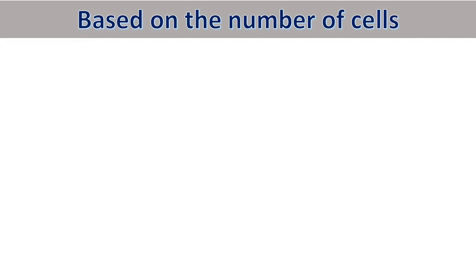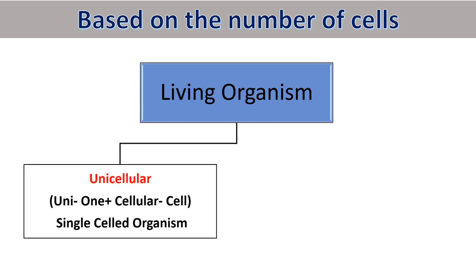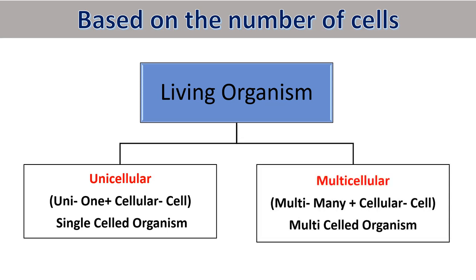So, students, it is clear that all the living organisms are made up of cells. But all these organisms do not contain the same number of cells in their body. So based on number of cells, the living organisms are categorized into two groups: unicellular organisms and multicellular organisms. The word unicellular means, uni means one and cellular means cell.